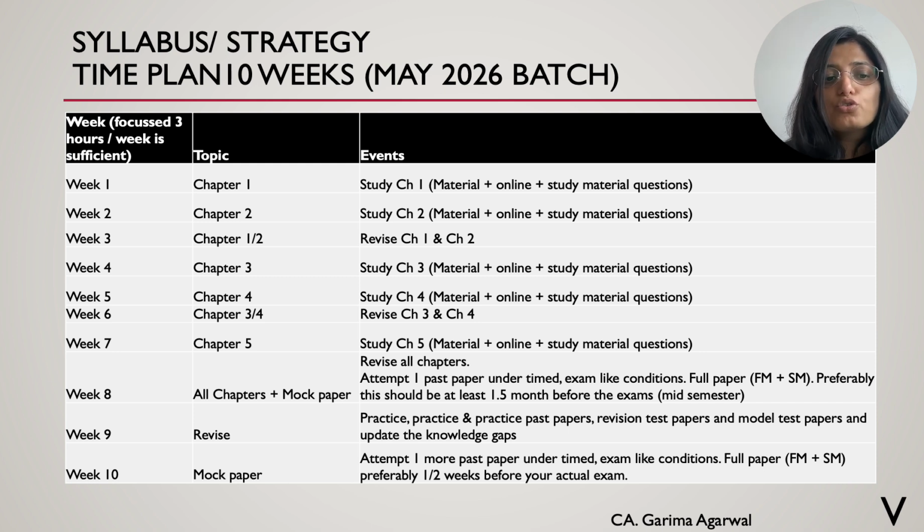In week 9 you should do revision and practice as many revision test papers, mock papers or past papers as possible and revise the concepts. And in week 10, typically 1 or 2 weeks before your actual exam, you should again attempt one more past paper under timed exam-like conditions. I think if you do all this religiously you are definitely going to pass with flying colors.